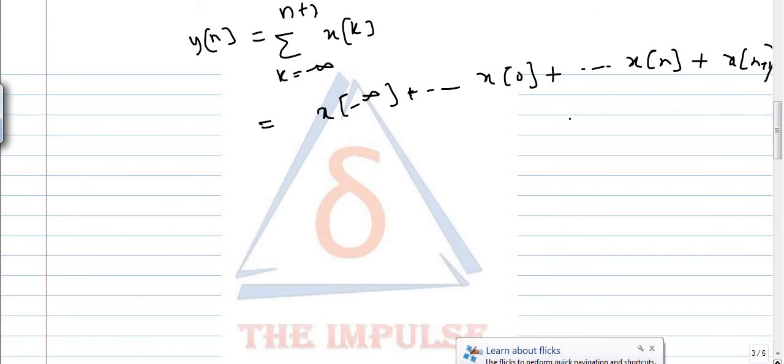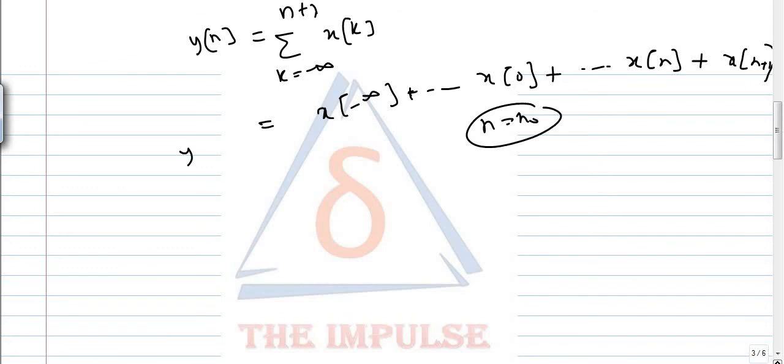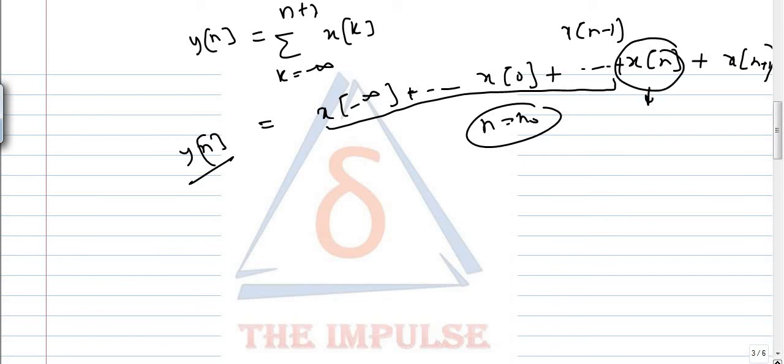So for any present time, let us suppose n equals n naught, my system output y[n] depends upon these past values up to x of n minus 1, and this is the present value, and this is the future value x of n plus 1. So for any present value of time, my output depends on past value of input, present value of input, as well as future value of input. So this system is non-causal.